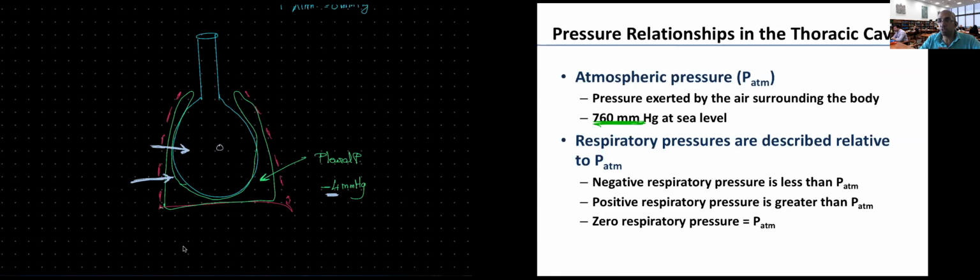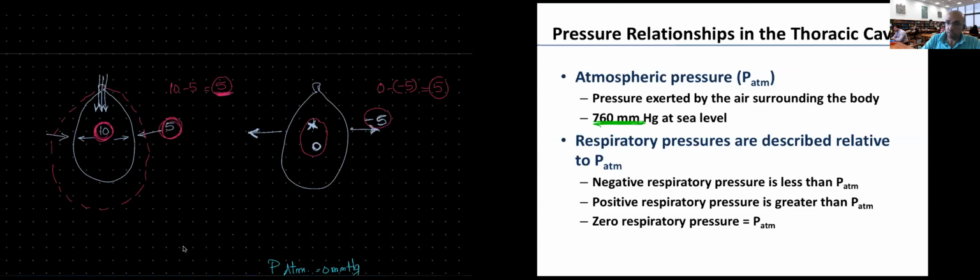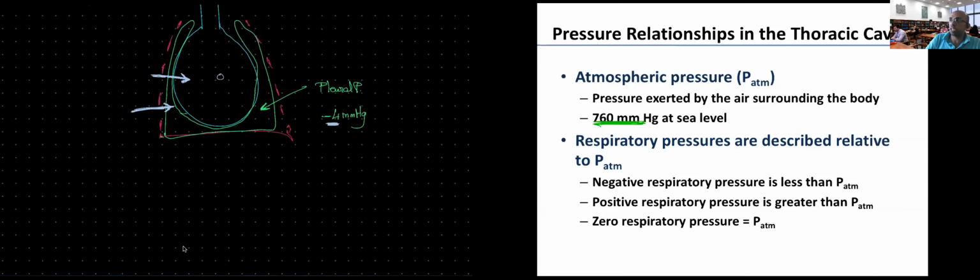What is the effective pressure that keeps my lungs inflated? Remember, how do we calculate the effective pressure that keeps this balloon inflated? We check pressure inside minus the pressure outside. So what is the effective pressure in this case? It's 0 minus -4 millimeter mercury. The effective pressure that keeps my lungs inflated is equal to 4 millimeter mercury.